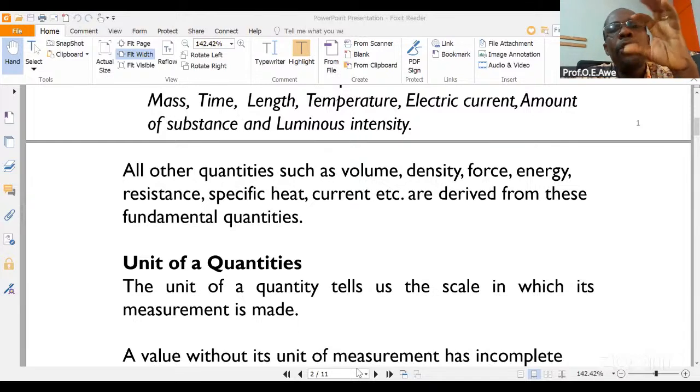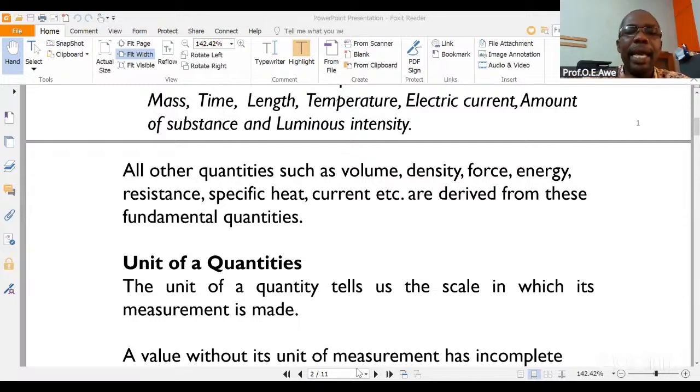So by unit, we are looking at the scale from which that measurement is made. Each quantity that we measure has a unit of measurement. A fundamental quantity has a fundamental unit. A derived quantity has a derived unit.